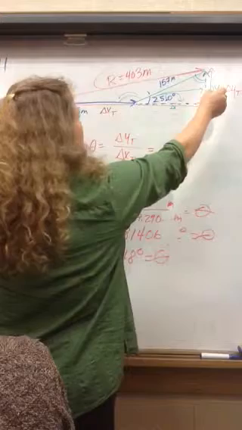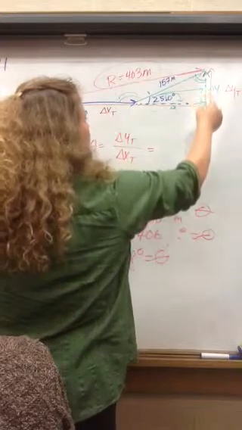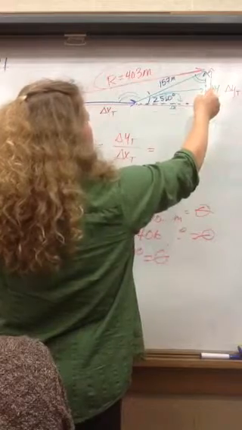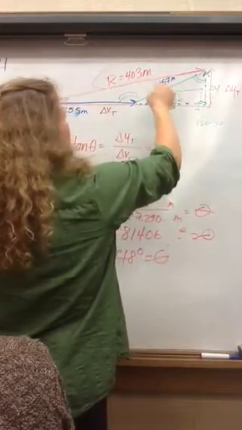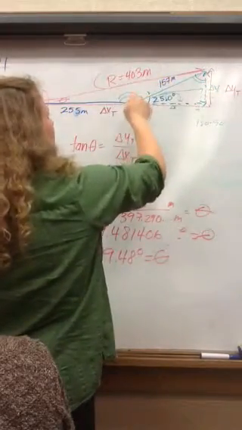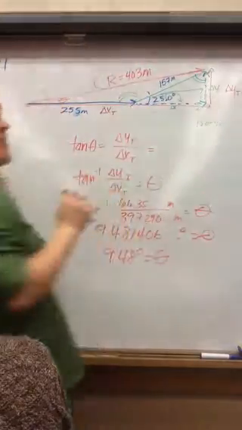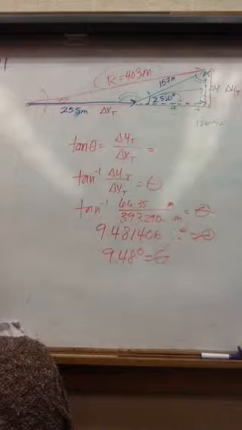Then you know you have a right angle here, so you've got 180 minus 90, and then you get this angle. Whew. I think that's a lot of steps. It can be done. I'd love it if one of you wants to do it. It exhausts me just looking at it. But yeah, it can be done.